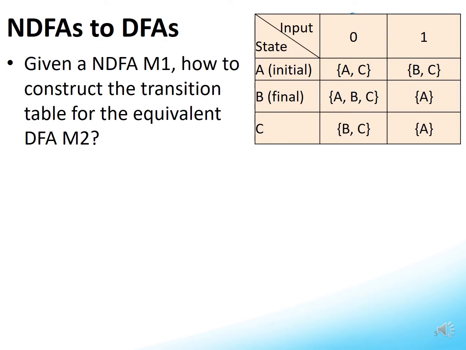The question is, given a non-deterministic finite automaton, let's say machine M1, how to construct the state transition table for a deterministic finite automaton, machine M2, which is equivalent to the machine M1. So, given this machine M1, it has multiple moves. So overall, this machine is a non-deterministic machine.